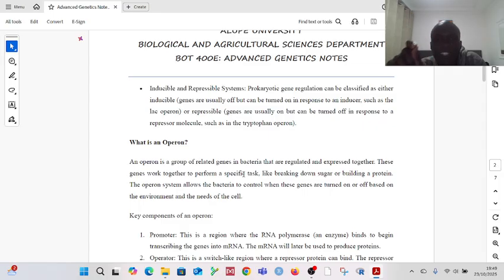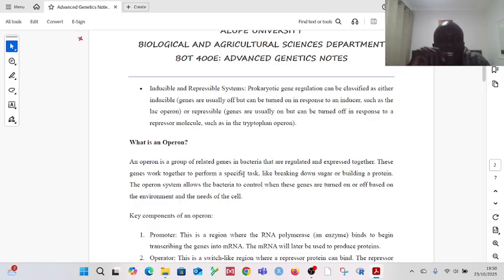Inducible system, the gene is off, but inahitaji something to turn it on. So once an inducer is present, then the genes that are usually off can now be turned on. Why? Because an inducer is present.